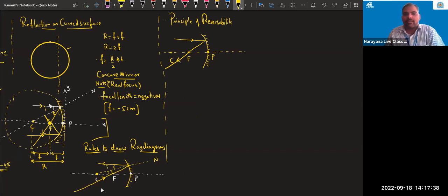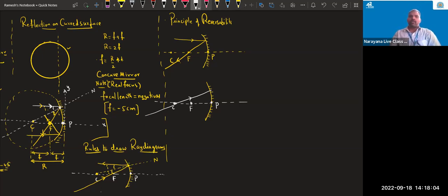Rule number 3. This is a concave mirror. How many major points? Pole, focal point, center of curvature, real focus also you can call. Any ray of light incident through the center of curvature, where is the normal line?